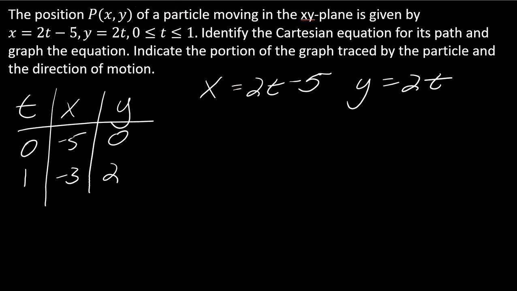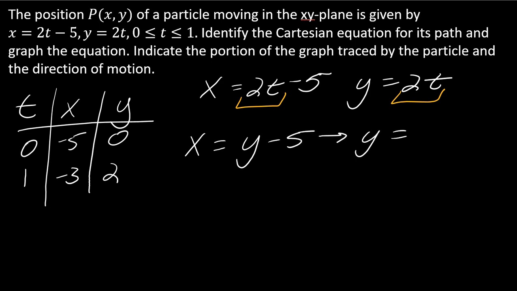The thing I notice is this is 2t, this is 2t. So I could just replace my 2t with y to rewrite this as x equals y minus 5, and then I get y equals x plus 5.